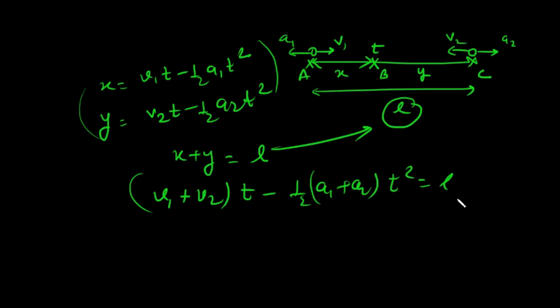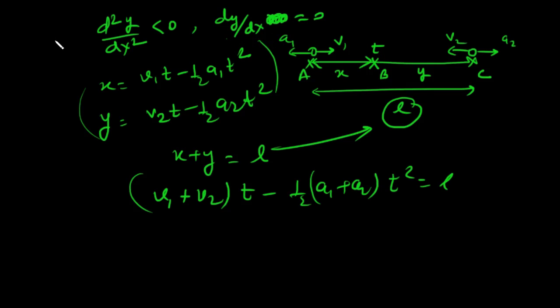Now when this would be maximum, as I already told you, a function is only maximum in terms of its variable if d square y by dx square is less than 0 and dy by dx is equal to 0.